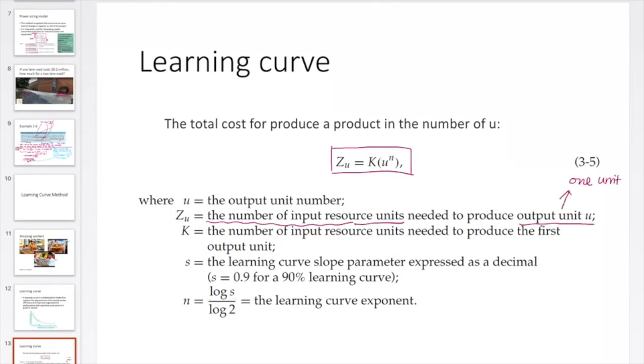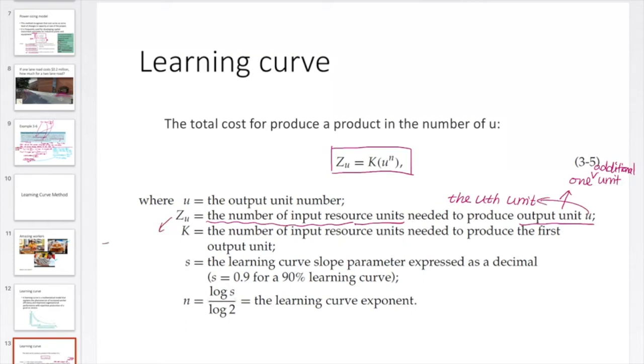It's just one unit, one additional unit, okay? So Z_10, for example, means the 10th unit. It's not 10 units, it's the 10th unit, okay? So let's put it here. It's the U-th unit, okay?